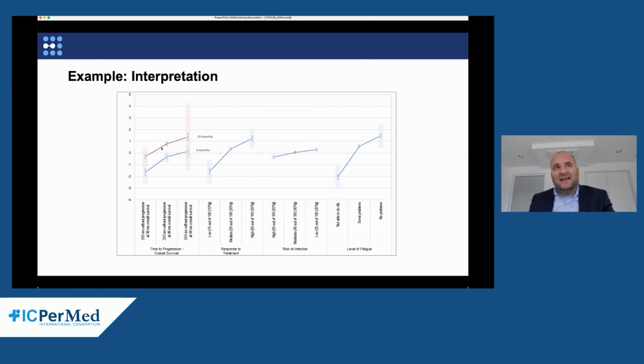Here, it shows that the value curve, the preference curve of a higher progression-free survival actually is always on top of a lower progression-free survival, independent of the overall survival. So the progression-free survival is important, even if it's not impacting the overall survival. At least that's what this kind of preference information would show you.